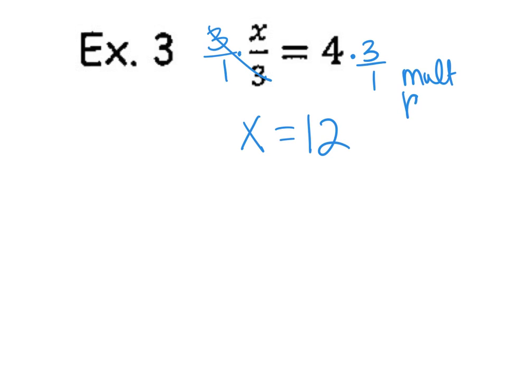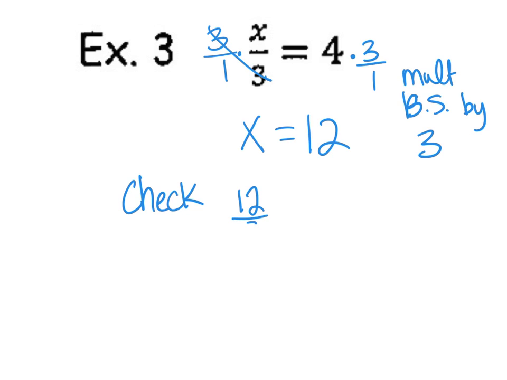Multiply both sides by 3. Here's my check. X over 3. Well, X is 12. 12 over 3 equals 4? Yeah, 4 equals 4. Yes. Cool.